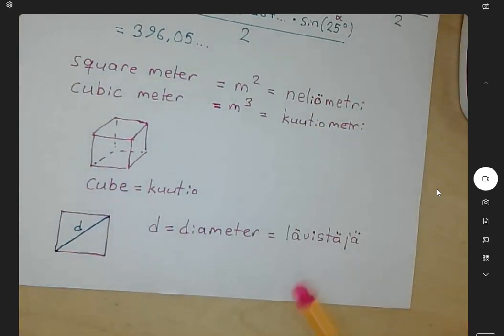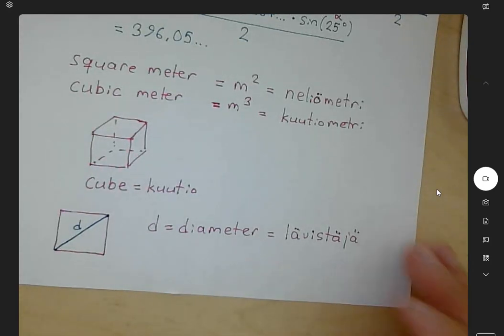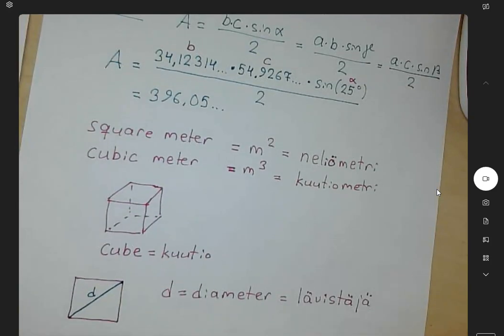Then we could also use another method to solve the area of a triangle, and it was also shown on this page we watched earlier.